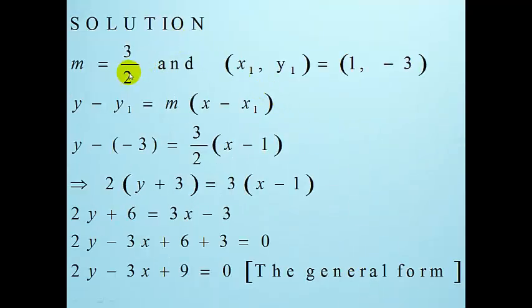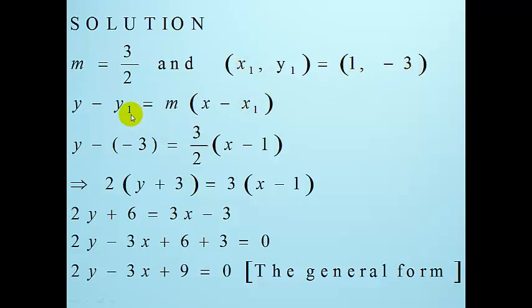Now solution from the question. We are given m, that's the gradient, to be 3/2. That means that m is equal to 3/2. And we are given the point on the line, that is (1, minus 3). So our x1 is 1 and our y1 is minus 3. So from the relation, y minus y1 equals m into bracket x minus x1. Now m equals 3/2, y1 is equal to minus 3, and x1 is equal to 1.